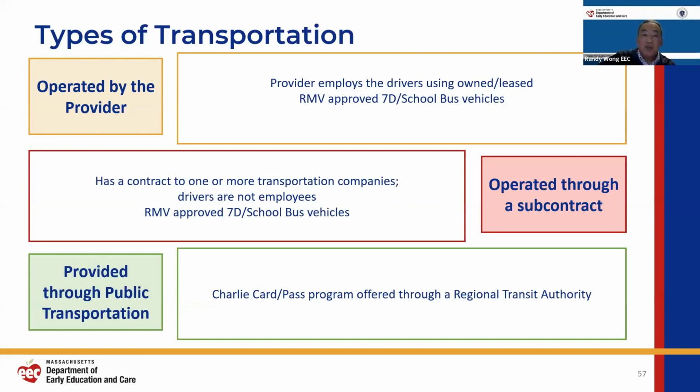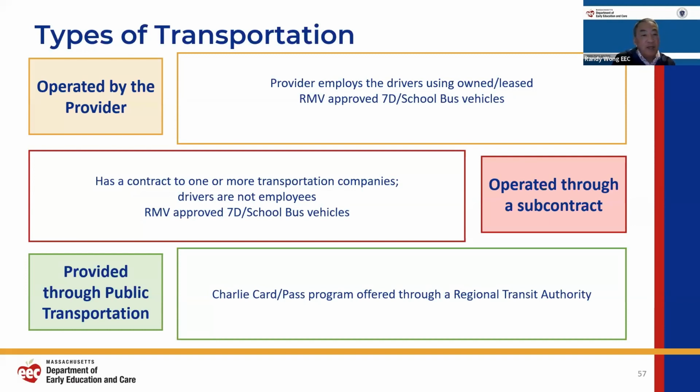Some of you may use a transportation company and you contract with them. Some of you actually even provide your own transportation with your own drivers and your own staff, along with having a contract with a bus company because of the area or the numbers of routes that exist, so that it's a hybrid of both self-operated and subcontracted transportation services.